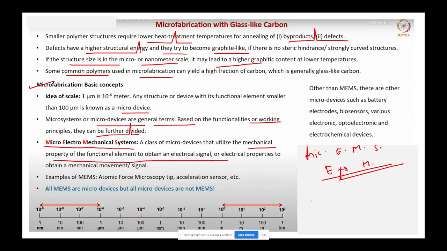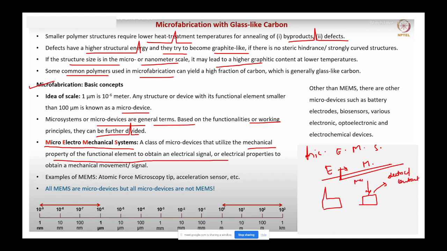Suppose this is my material. If I am giving it a pressure, it will give a different output. Suppose it is a piezo, then it will give some current, some electrical output.